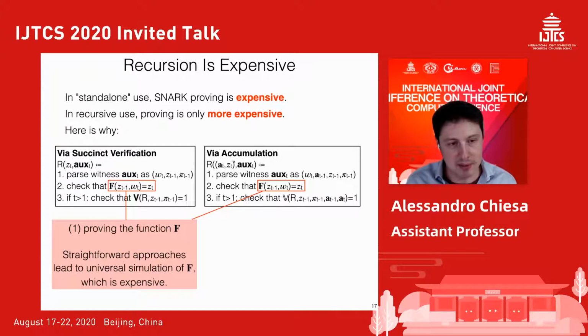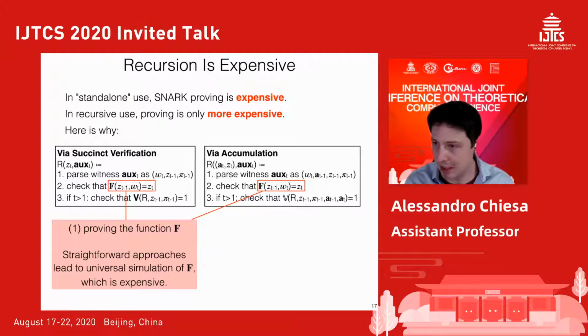The first one is that you're going to have to prove the function f, right? And you have this circularity here, R and R, and straightforward approaches to resolve the circularity actually lead you to do universal simulation of the description of the computation f, which causes big overheads.